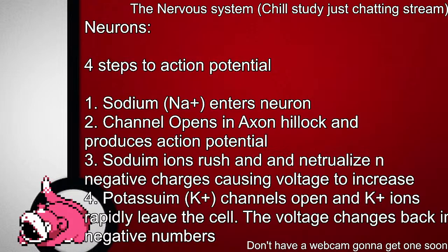Then the neuron shifts back to its original resting membrane potential state. What else? Hyperpolarization is when the cell gets a little too negative. Okay. Nice.